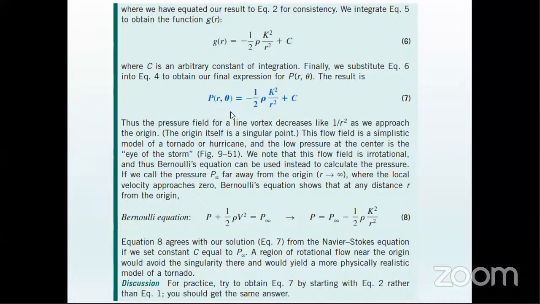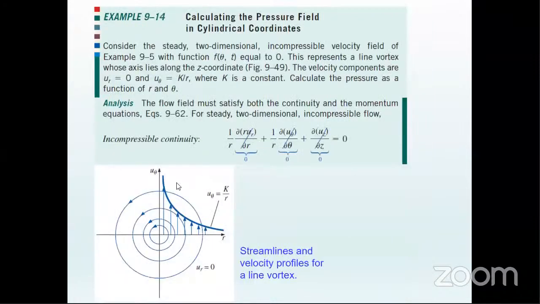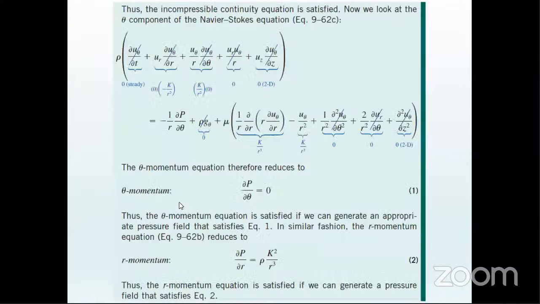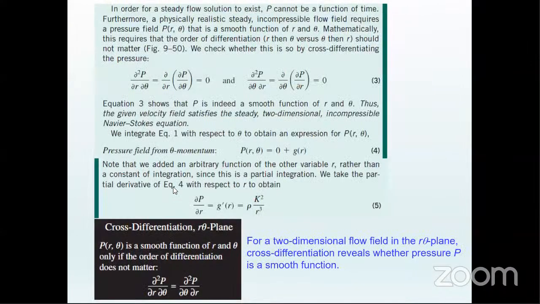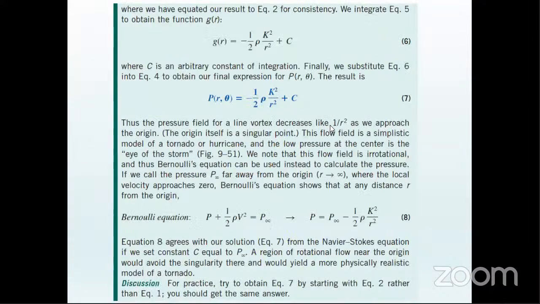If you do that, p of r, theta must be equal to minus 1 over 2 times rho k square by r square plus C. Thus, the pressure field for a line vortex decreases like 1 over r square, inversely proportional to the square of the distance, as we approach the origin.